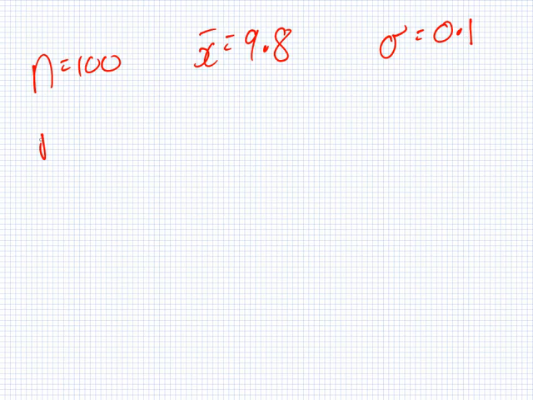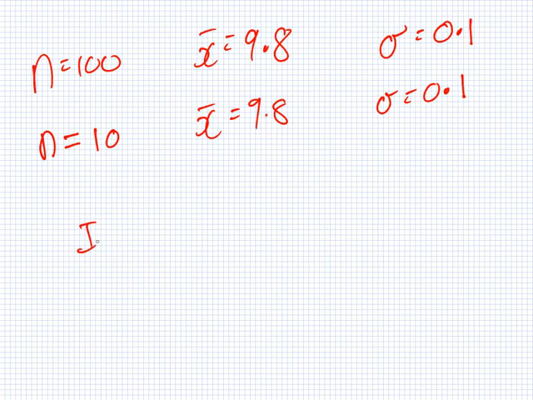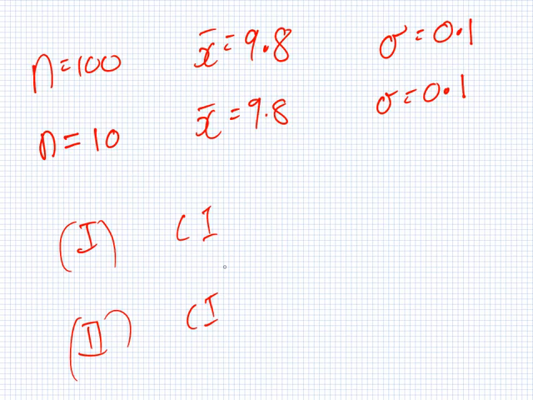Let's say someone else did it 10 times, their average was 9.8 and their standard deviation is 0.1. So in the first case and in the second case, you can make a confidence interval, but which situation is more accurate, better? Whose result would you trust more? The first one, because there's 100 data points, whereas the other one there's 10.